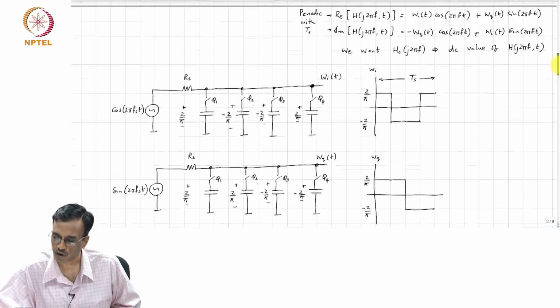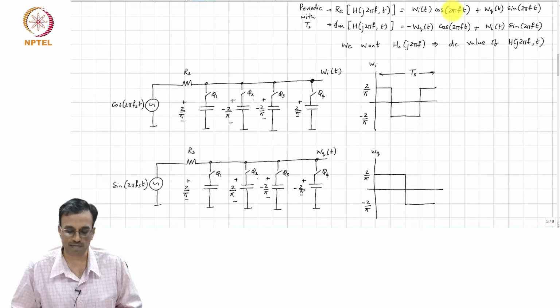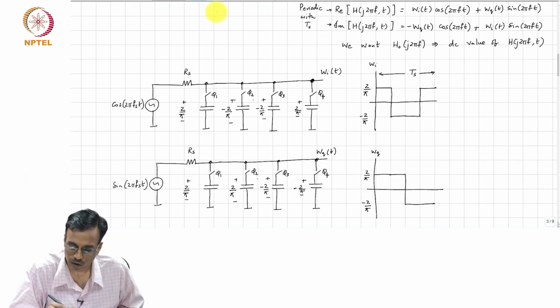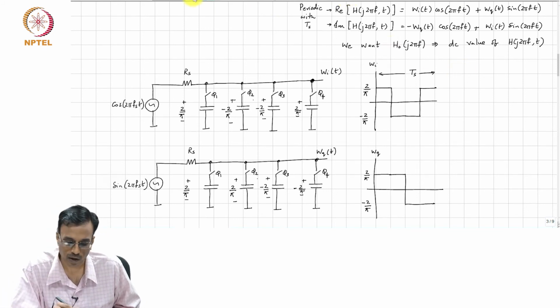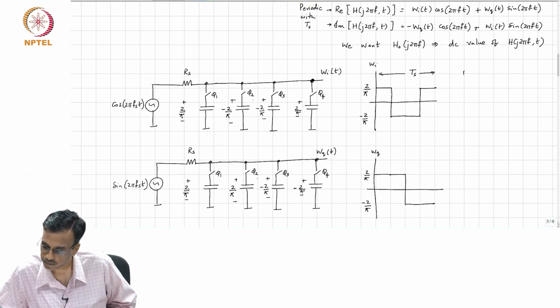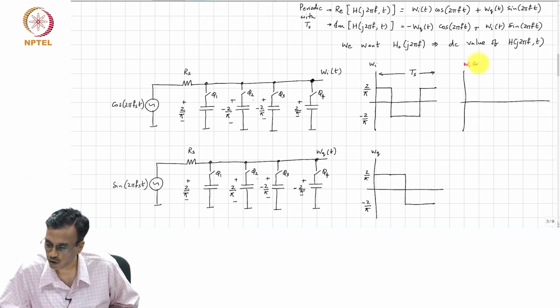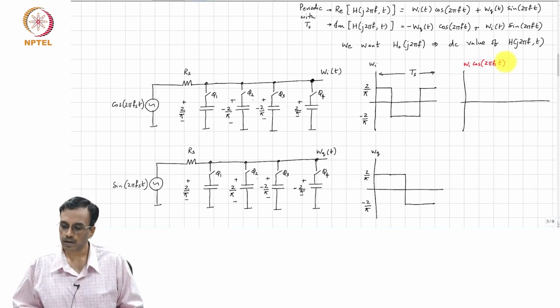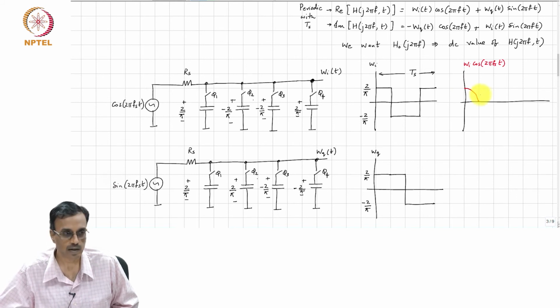What we want, however, is not simply Wi or Wq, but Wi times cos 2 pi Fs times T, right. So, if I plot Wi cos 2 pi Fs times T, I will do that in red, what do you get? Well, during this period, you are going to have something like that.